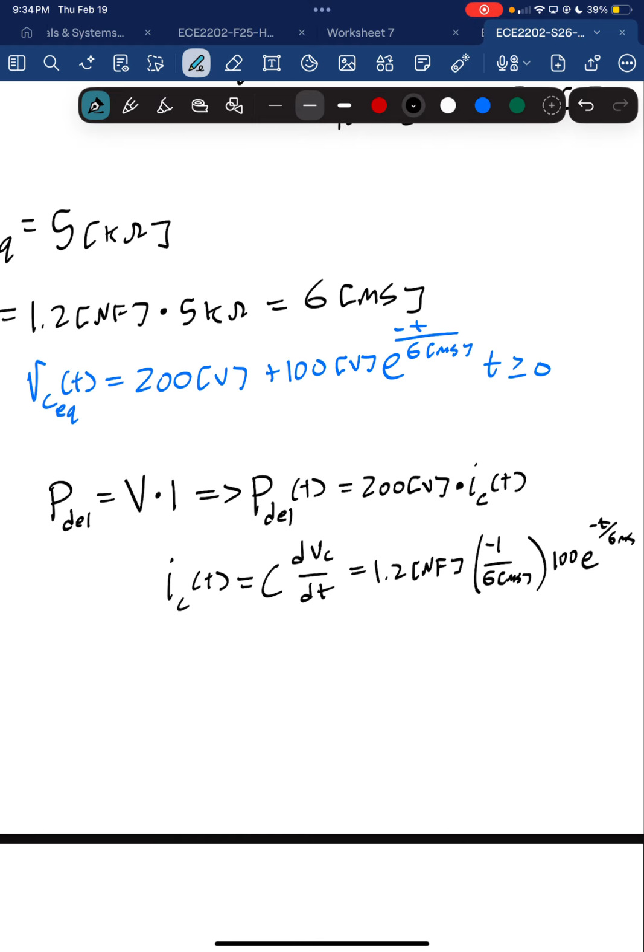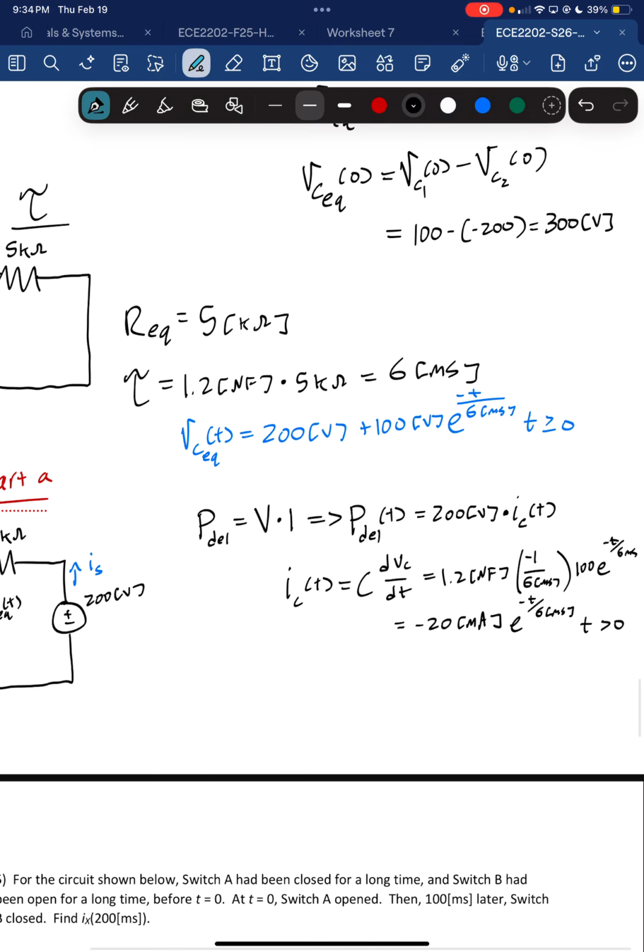So 1.2 times negative 1 times 100 divided by 6 times 10 to the negative 3. It's going to be negative 20 milliamps e to the negative t over 6 milliseconds, and that is for t greater than 0. That is our equation for IC.